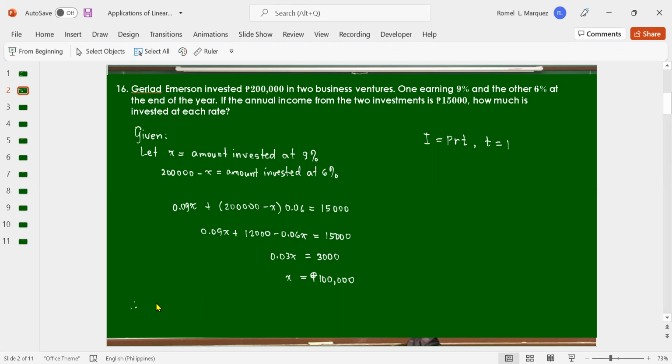So therefore, the amount invested at 9% is 100,000. And at 6% rate is what? 100,000 also. Okay, good children? Any question with this? Okay, if no, let's proceed.